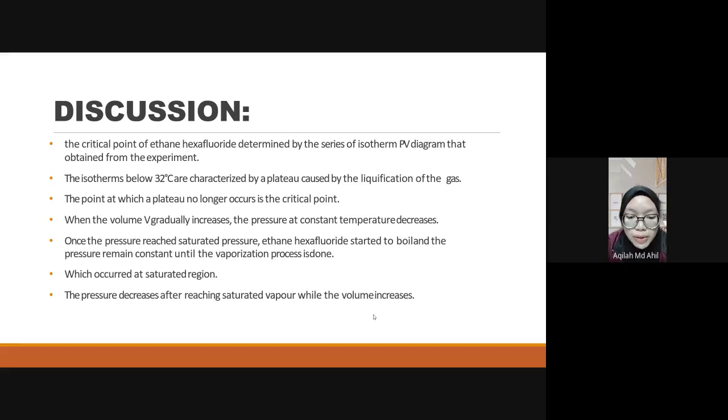The graph obtained in the experiment shows that the volume V gradually increases and the pressure at constant temperature decreases. Once the pressure reaches saturated pressure, ethane hexafluoride starts to boil and the pressure remains constant until the evaporation process is done. This process occurs in the saturated region. The pressure decreases after reaching saturated vapor while the volume increases.